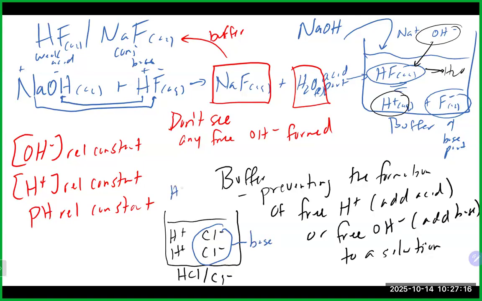And when you add HCl in there again, that is going to be a source of H plus and Cl minus. So what you're basically doing is piling on some more free H plus. And again, that's why you're going to see a really big jump in pH, because this cannot do anything with it other than let it float around freely in that solution. And again, that is why this would not be able to work as a buffer, having it as a strong acid. Any questions on that?